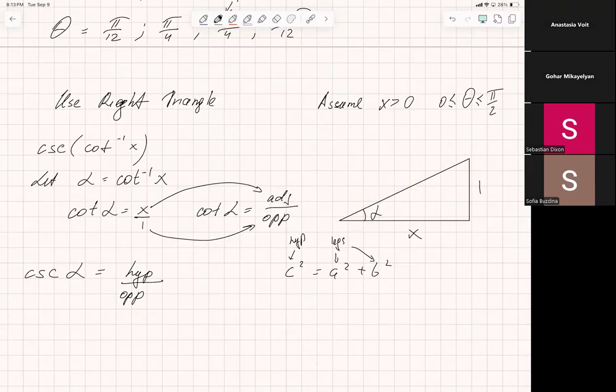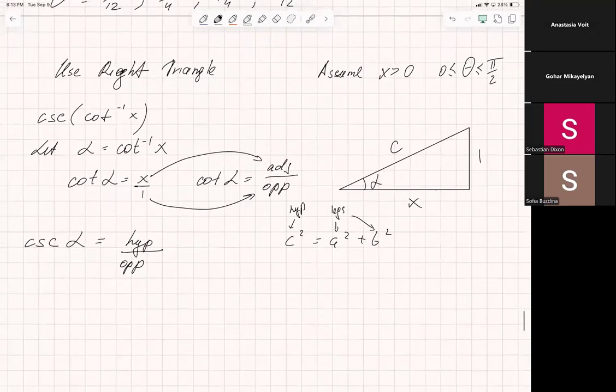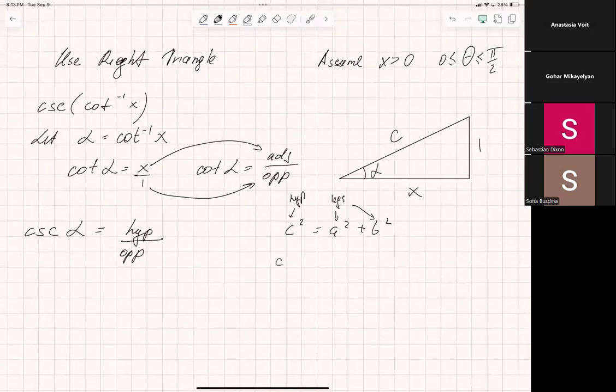Let me mark it as C, just for having the same value here. So C squared is equal to x squared plus 1 squared. Now C is equal to the square root of x squared plus 1, and this is my hypotenuse.